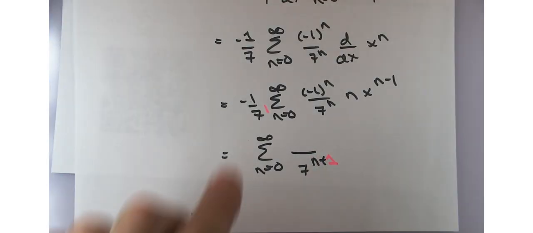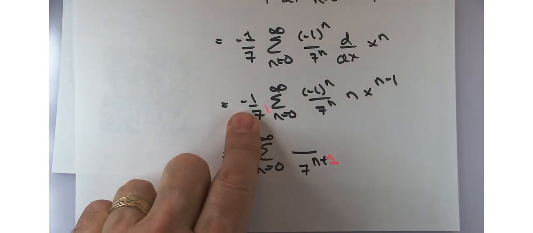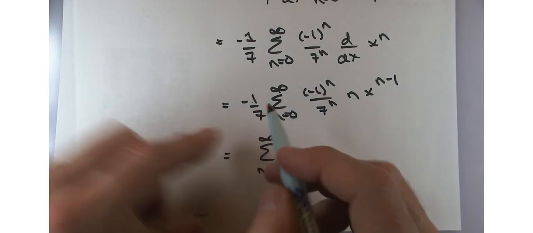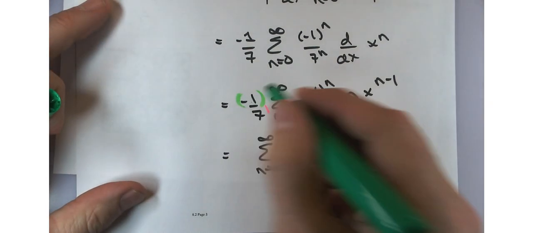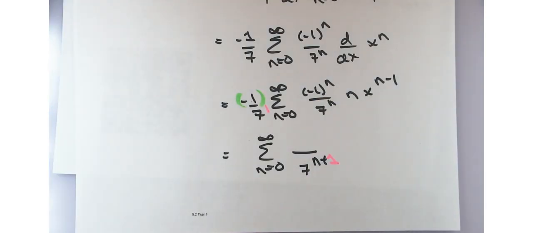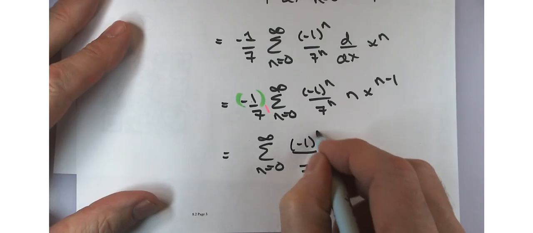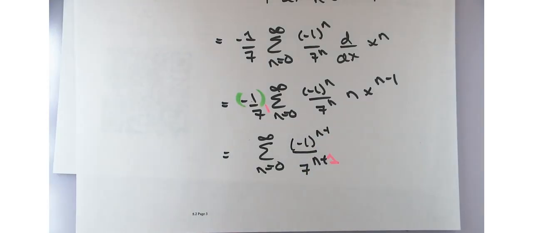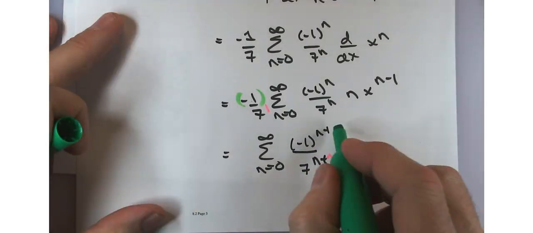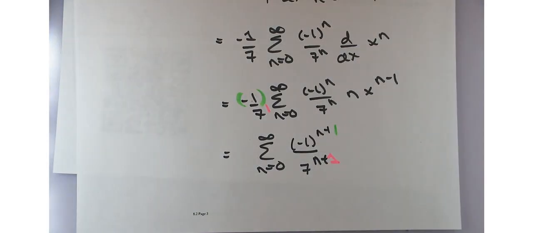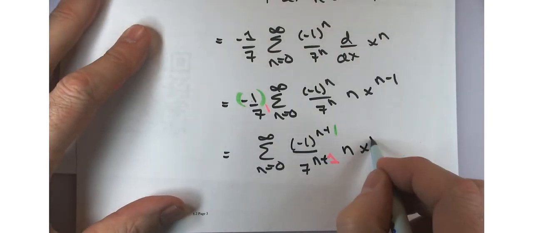And let's do the same thing with our numerator here. If I multiply in that negative 1, then I'll get negative 1 to the n plus 1. Okay, so looking good on that one. And then finally I've got my nx to the n minus 1.